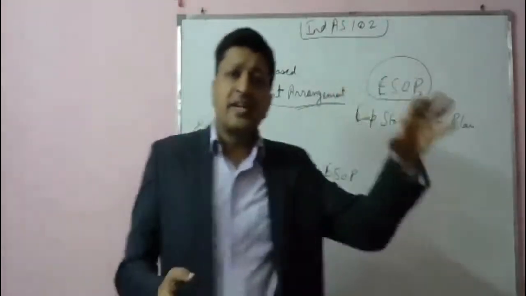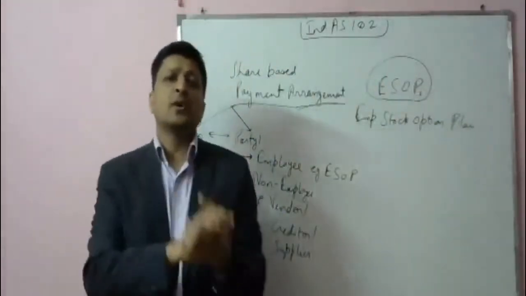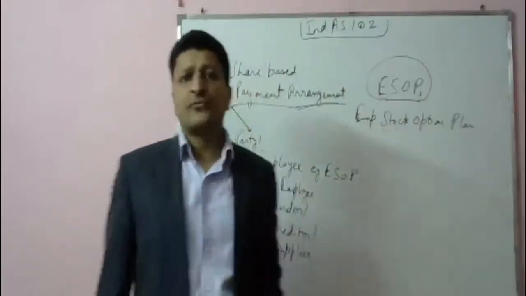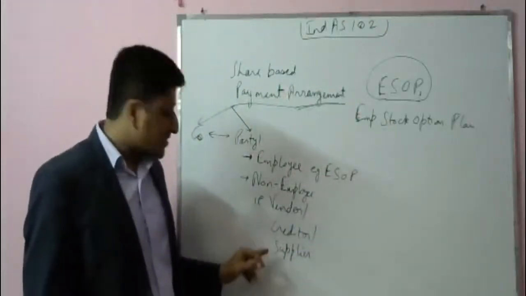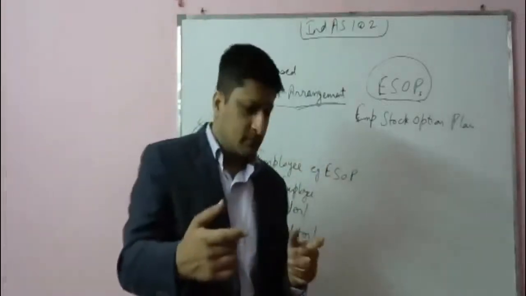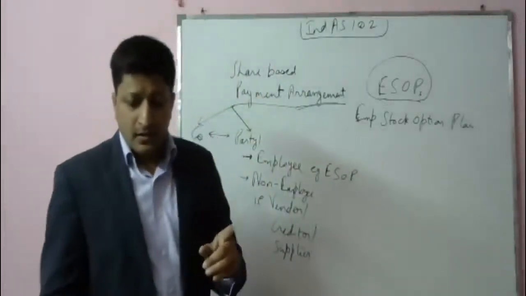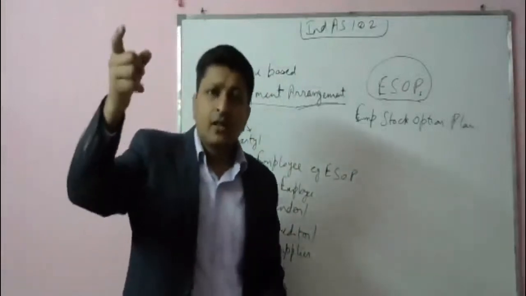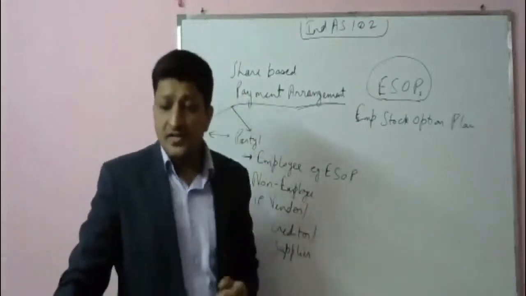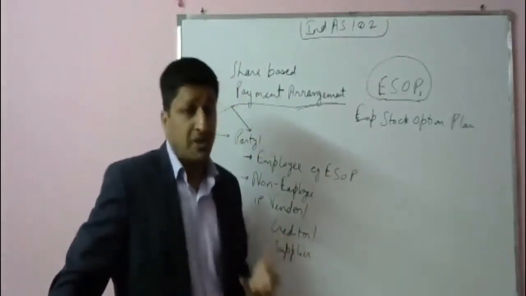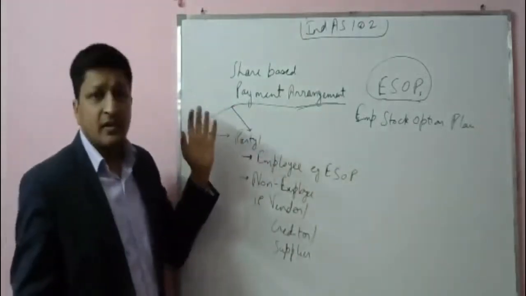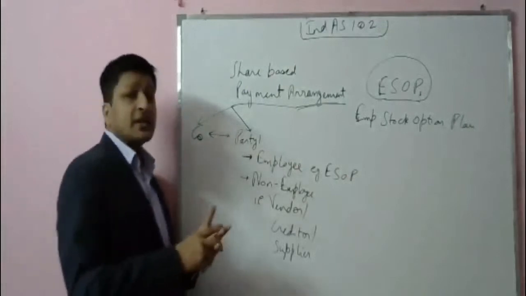Say a company is purchasing goods, yes, I am talking about purchase of goods only, from a vendor, from a supplier. And when the payment is made to that vendor, then instead of paying cash, the company is issuing its equity shares. And you will be thinking, but sir, this doesn't happen practically. That's true. But if that arrangement exists, whether it will become a share-based payment arrangement, let's try to think about it. What are the conditions?